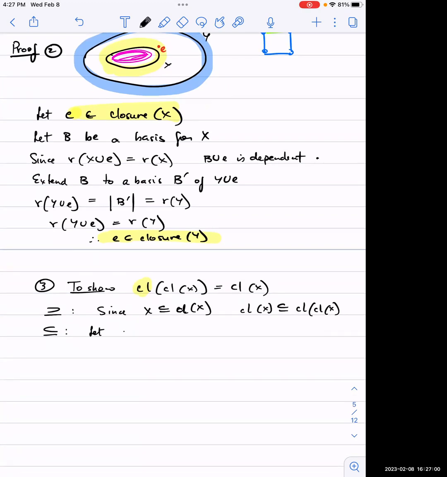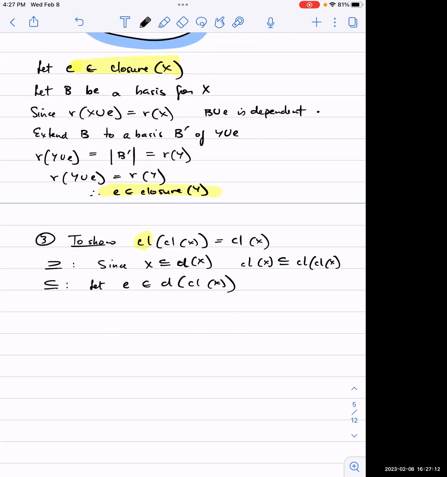Let's take E to be in the closure of the closure of X. I apologize, the CLs look like Ds or something. That's why I was spelling it out earlier. So rank of the closure of X union E equals rank of the closure of X, and that's the rank of X.